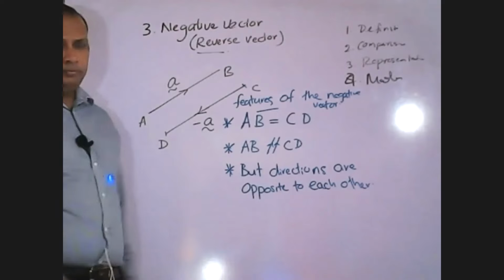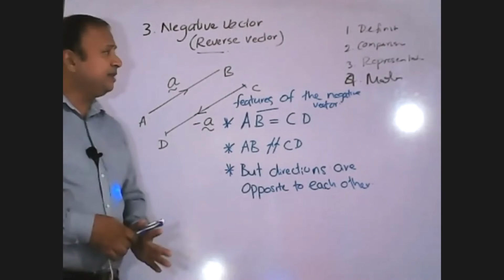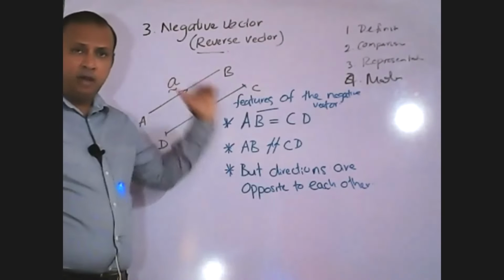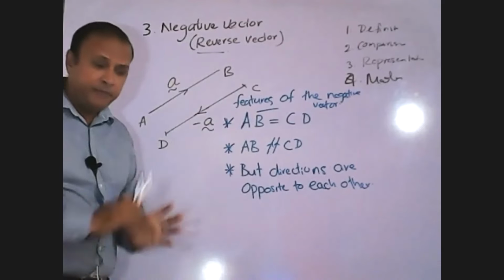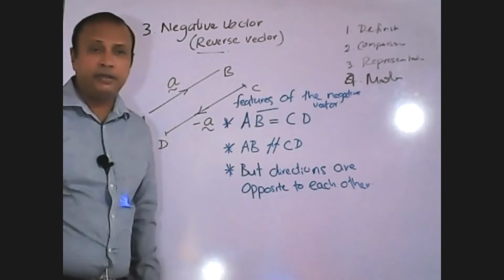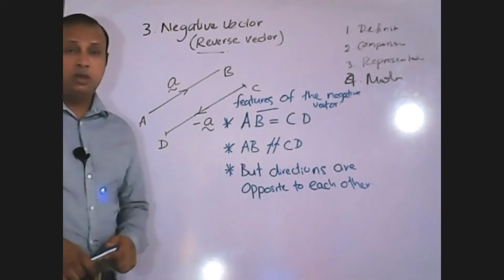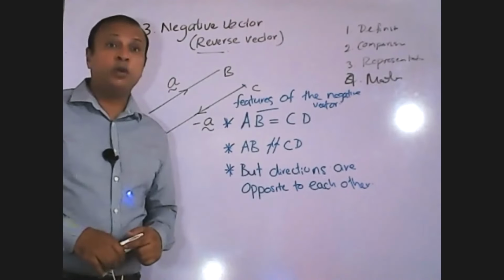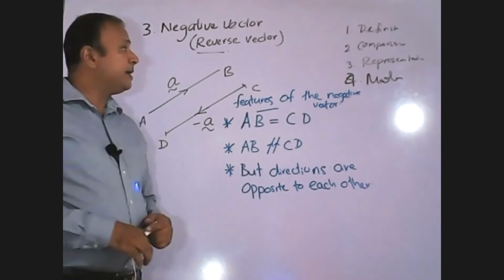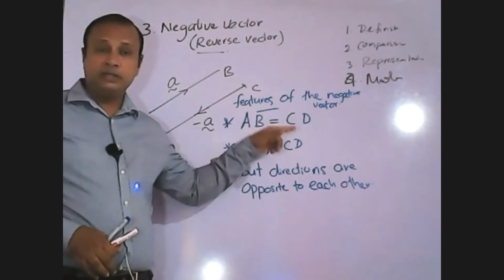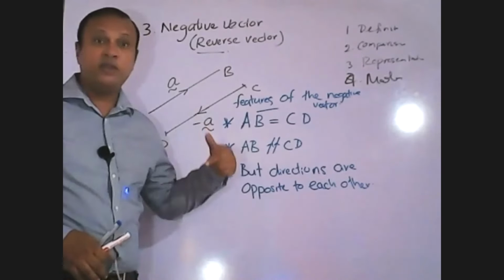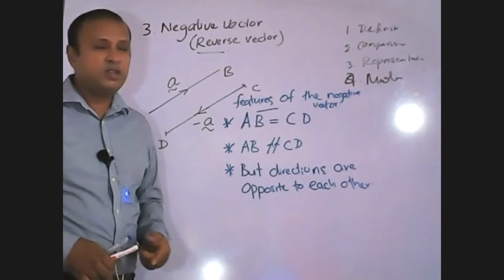Okay. Until now, we have discussed the definition of the vector. Then we compared vector and scalar quantities. Then we discussed how to represent a vector. Then we discussed the modulus of the vector, and finally some special vectors.